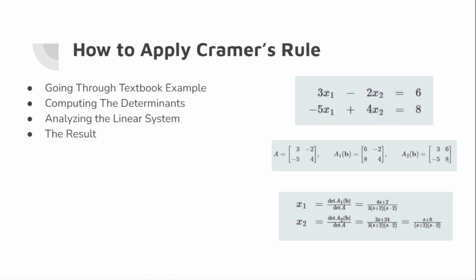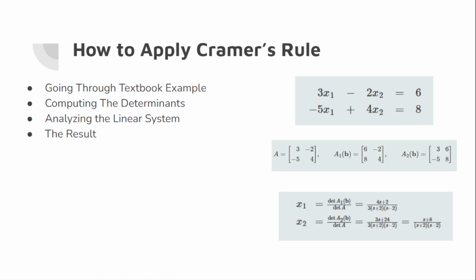Just a bunch of determinants throughout is what I've learned. And then you simply do 40 divided by 2, which is 20, and then 54 divided by 2 is 27, which leads to x1 being 20, and x2 being 27, and that is the result.